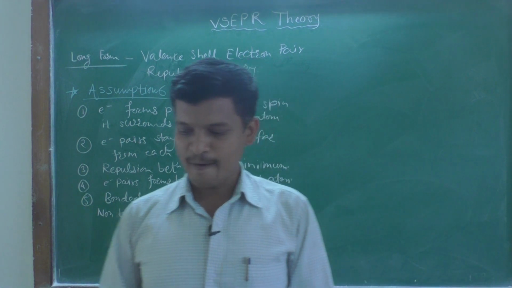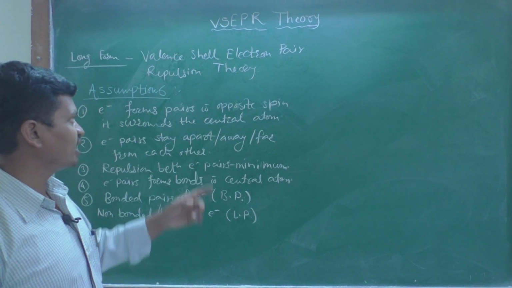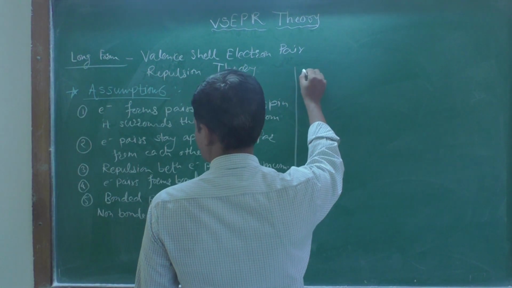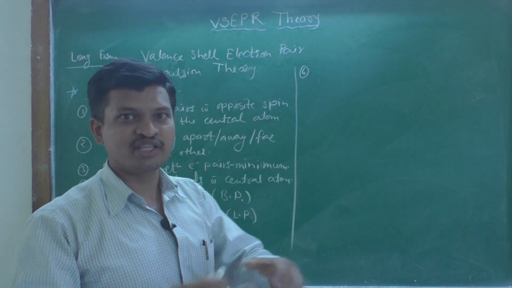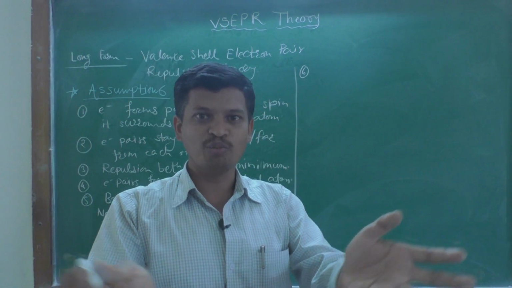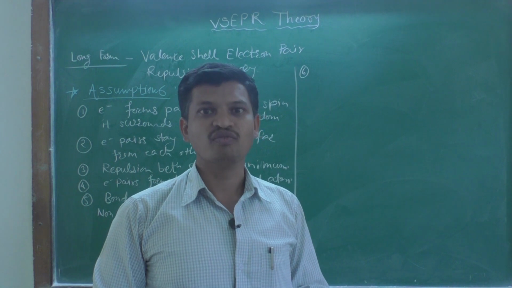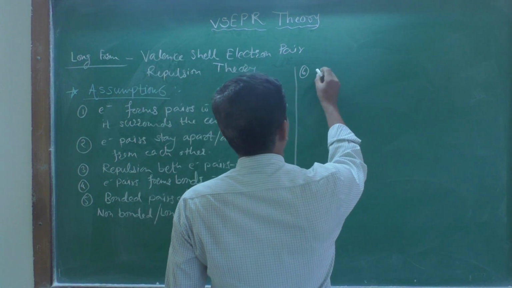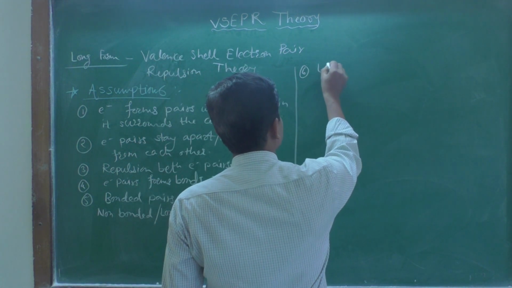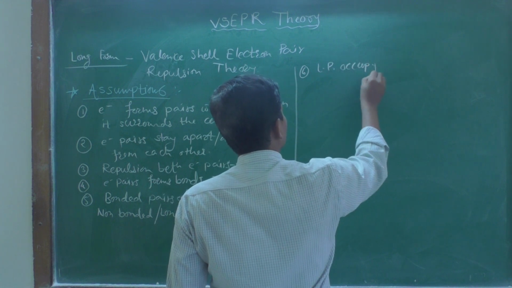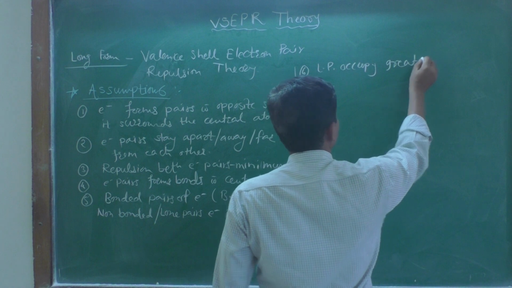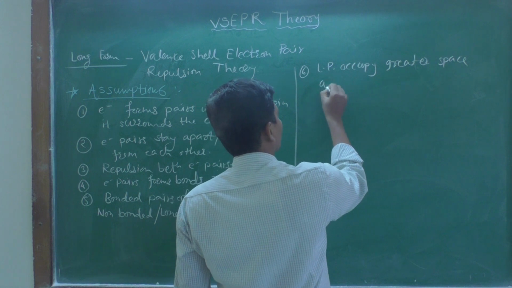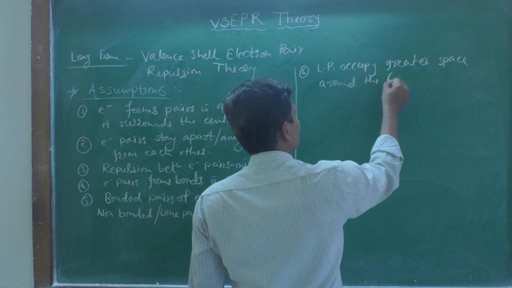Now it is assumed, as these are assumptions, that the space required for the lone pair around the central atom will be maximum, will be greater. The lone pairs occupy greater space around the central atom.